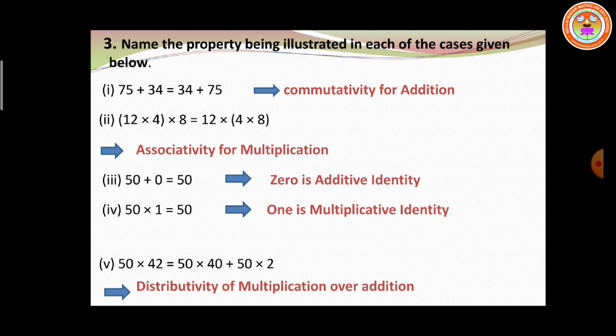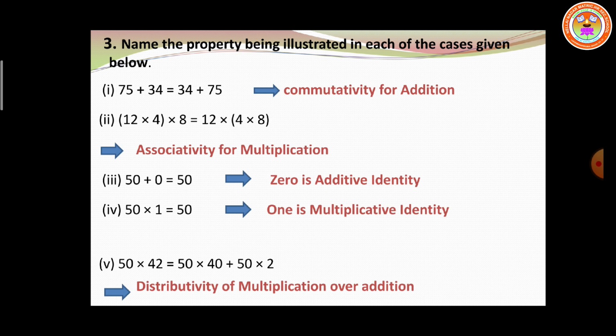Very good. Then second problem, they have multiplied more numbers. I told you in the last video, when several numbers are multiplied, the order can be changed but the product will be the same. So it is the property of associativity for multiplication.